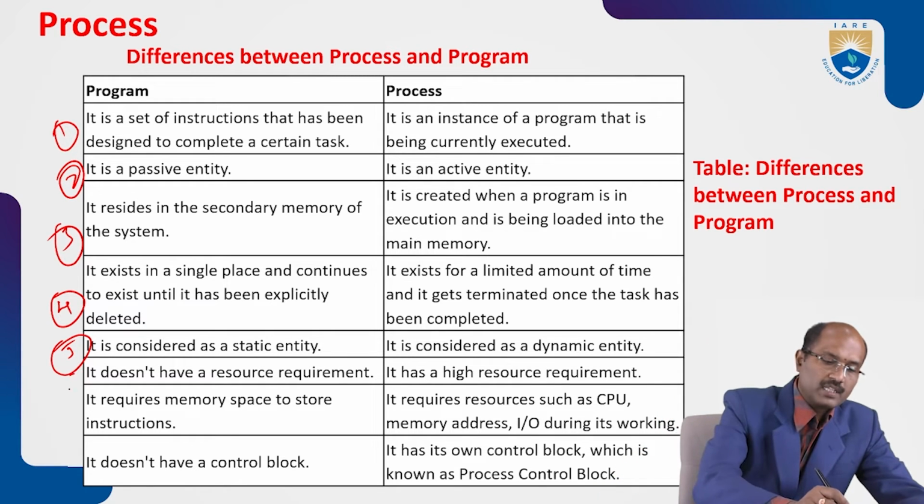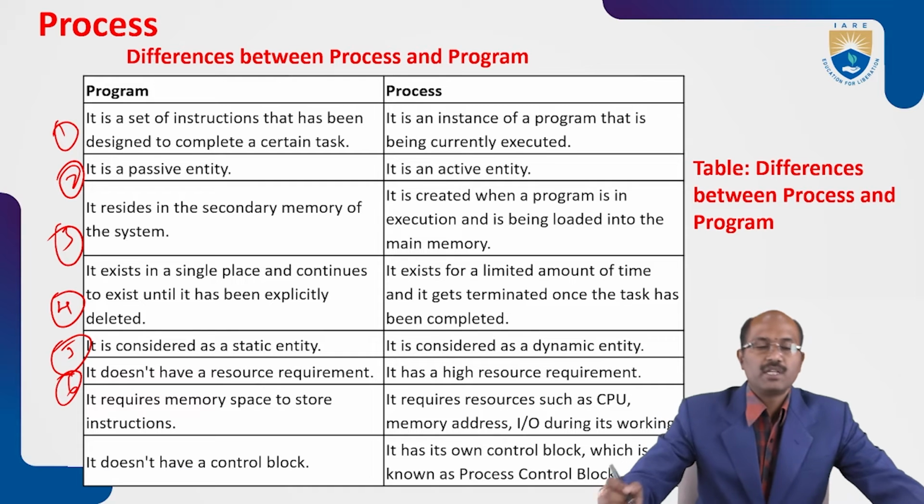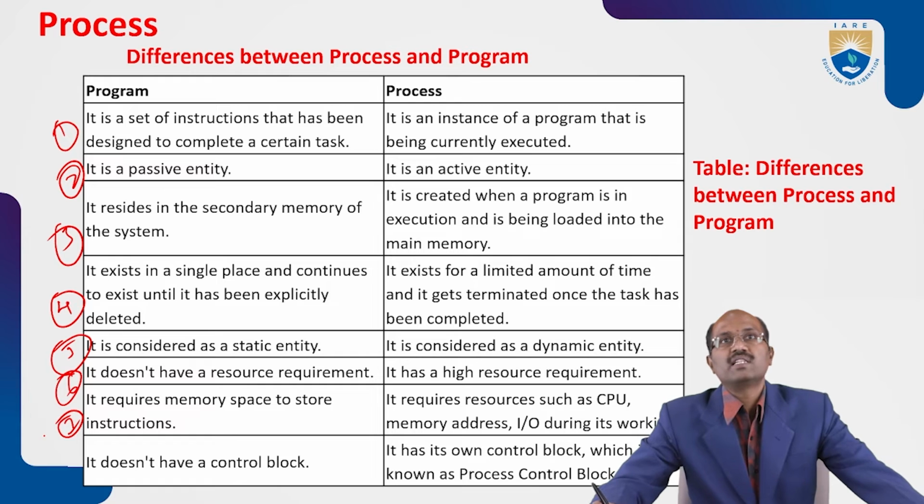Coming to the sixth point, a program does not have a resource requirement, while a process has a high resource requirement. Coming to the seventh one, a program requires memory space to store instructions. A process requires resources such as CPU, memory addresses and input output during its working.